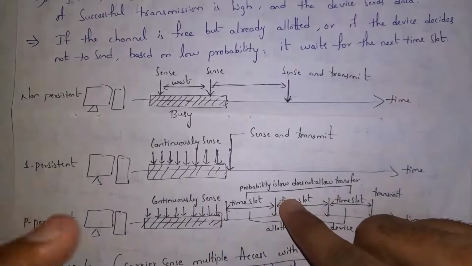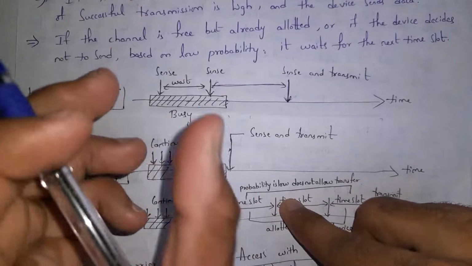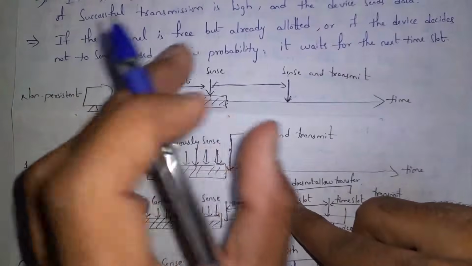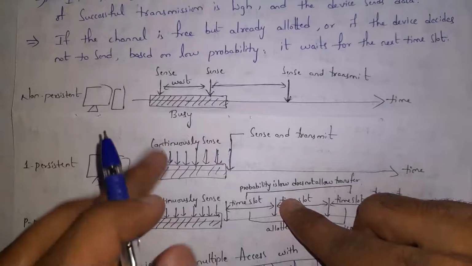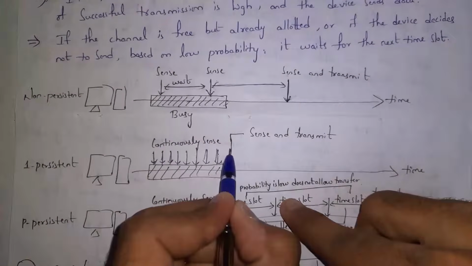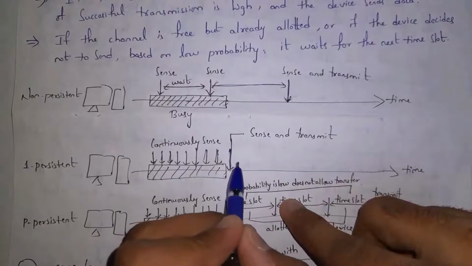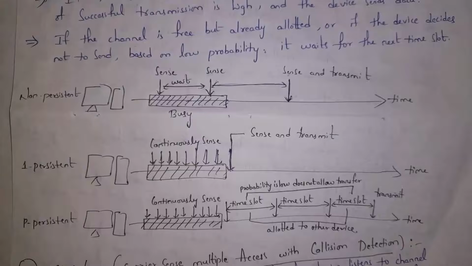In non-persistent, if the channel is busy, the device will wait some time and then sense the channel. Whereas in one-persistent CSMA, if the channel is busy, the device will keep on sensing the channel continuously, and if the channel is free, the device will immediately send data. Here in non-persistent time will be wasted, whereas one-persistent CSMA will save time.